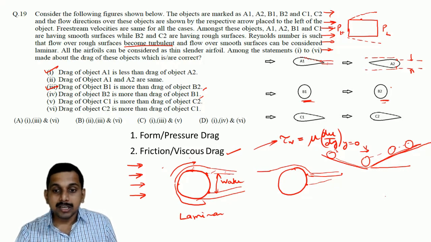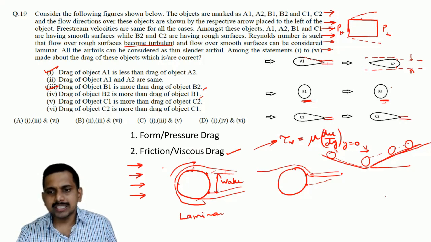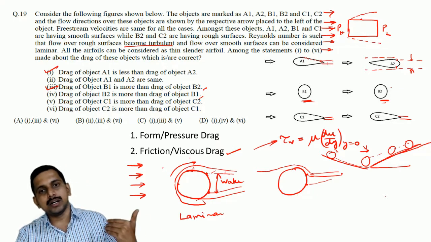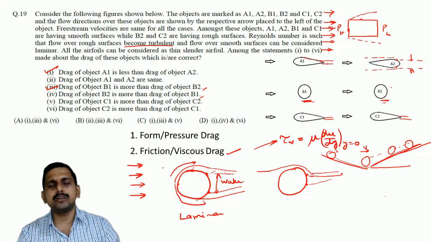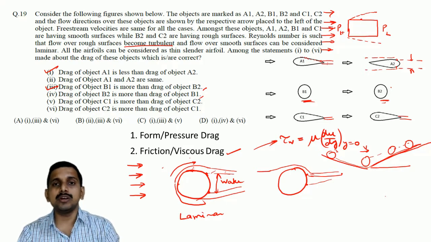Now let us see the last case, that is 4 and 5. We will see what is the right answer first. Now here, when it is an airfoil, the wake region is very small in both cases. So even if the separation is delayed, it is just a bit of delay. So what is more prominent here is skin friction drag.